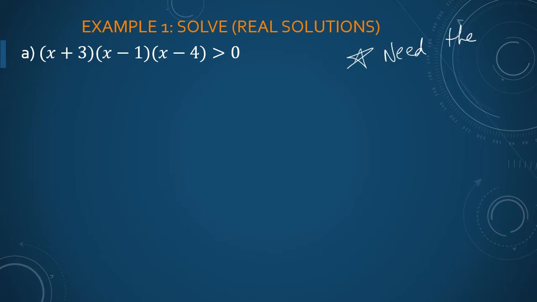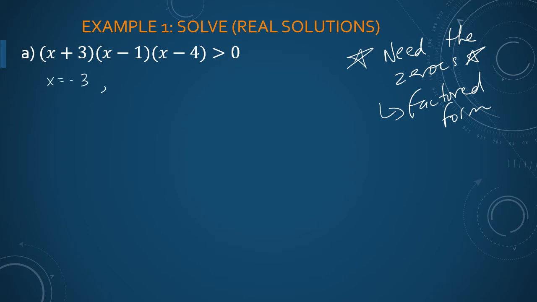How do you get the zeros? It's got to be factored form. This one was easy to start because I already gave it to you in factored form. Step number 1 would be to factor this. It's already factored. Step number 2, state your zeros. x equals -3, 1, and 4.